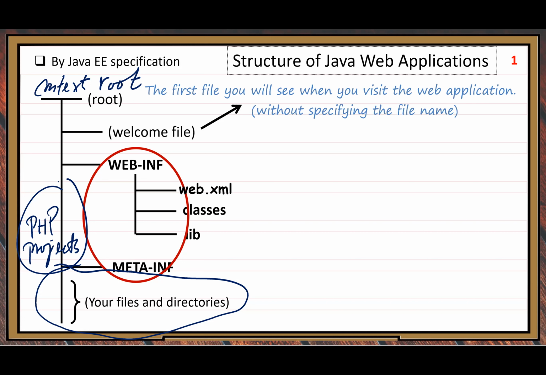Without specifying a file name, you should provide a default name for the welcome file, right? So actually, for our Java web application, the default name is index.jsp.